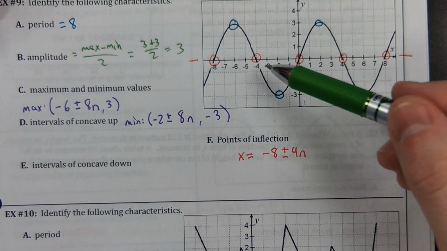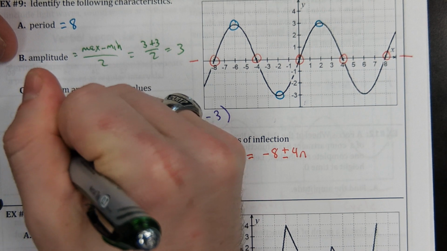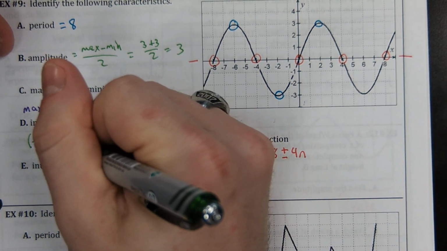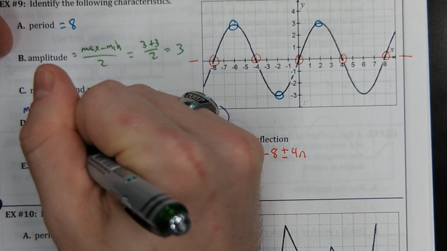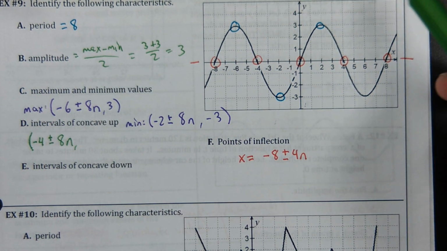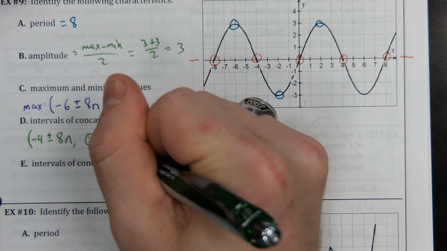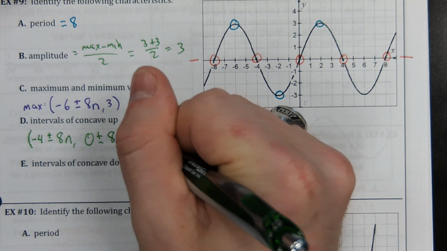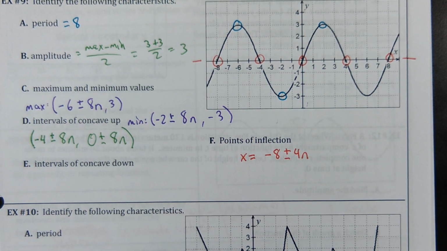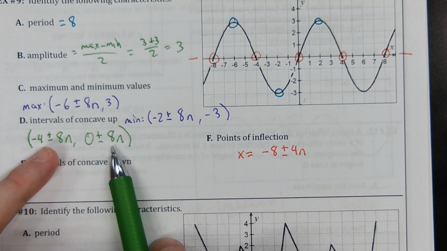Concave up begins here at -4. And ended there. This says go from -4 to 8, and you're welcome to add or subtract any number of the period length that you'd like to.